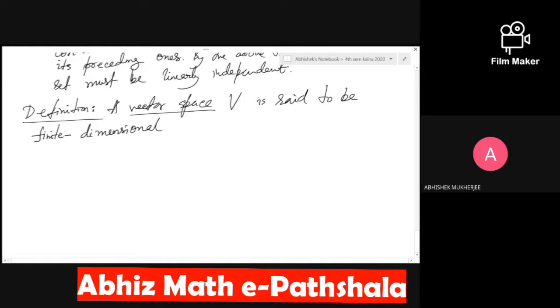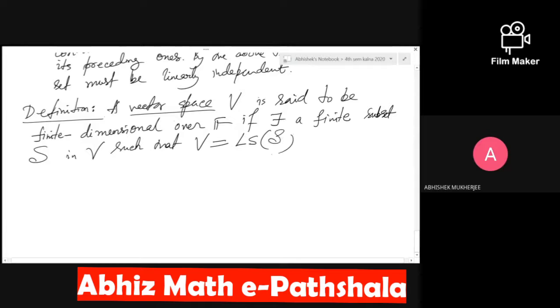A vector space V is said to be finite dimensional over F, the field over which V is a vector space, if there exists a finite subset S in V such that V equals the linear span of the finite set of vectors S. So this way we have defined finite dimensional vector space. And this is a natural definition.